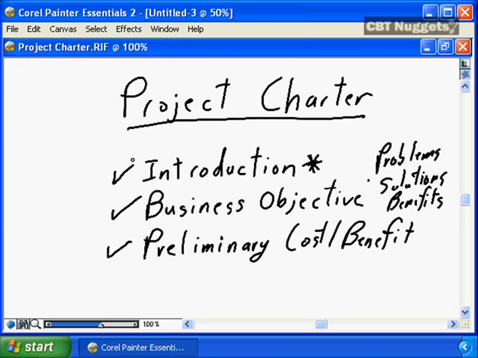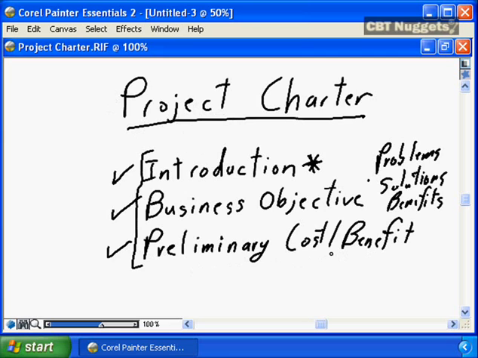The project charter is your first communication to senior management that says there is a business problem, we need a project to satisfy that business problem, and with this preliminary cost-benefit statement, we have a solution to the business problem.